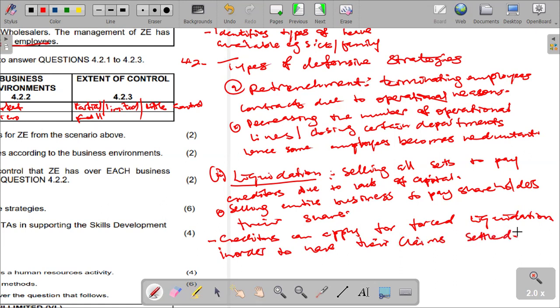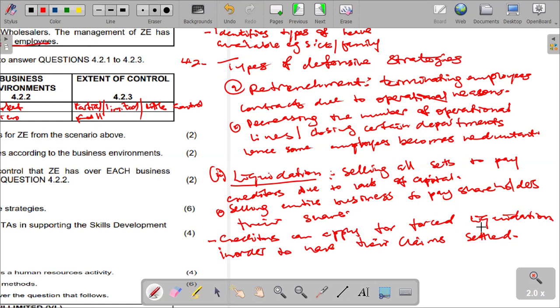So creditors can also force organizations. Creditors can apply for forced liquidation in order to have their claims settled. That can be another way in which a business can be forced into liquidation.